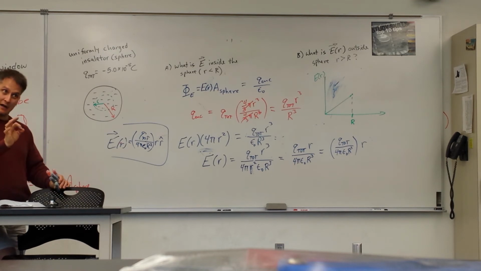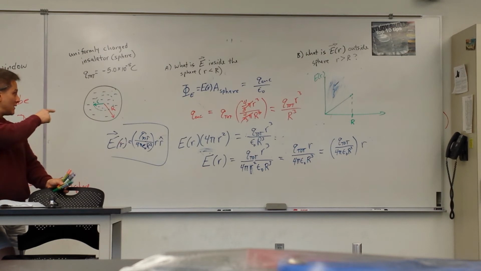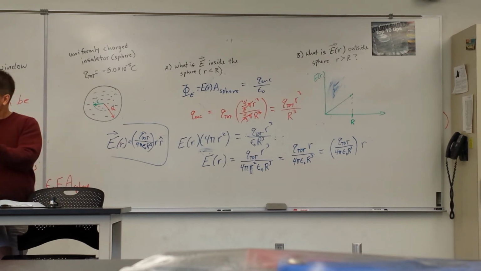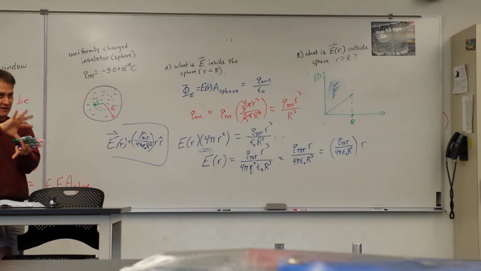Coulomb's law we talked about being very similar to a different inverse R squared law, with gravity. With gravity, we have a nearly uniform mass spread out in a solid fashion.